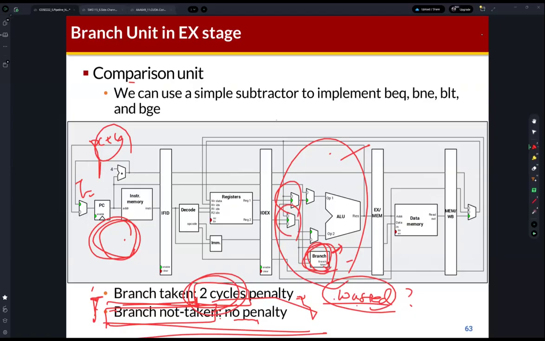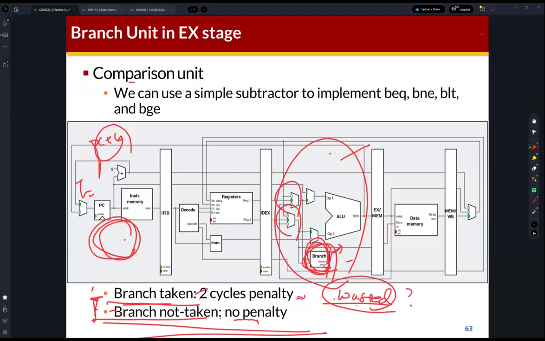But this branch unit is in the EX stage, which means the branch is determined in the EX stage. So if the branch is taken, then 2 cycles are wasted. But if the branch is not taken, there is no penalty. That's what we learned in the previous class.